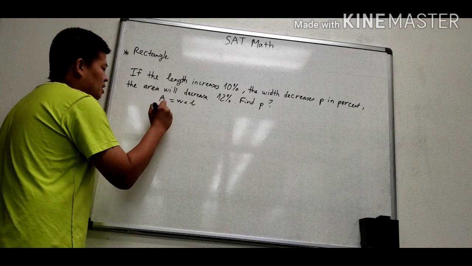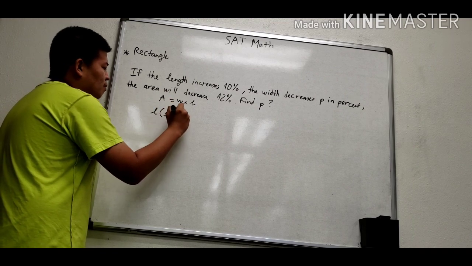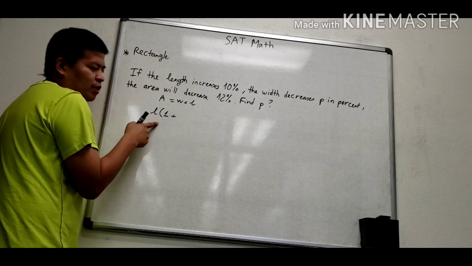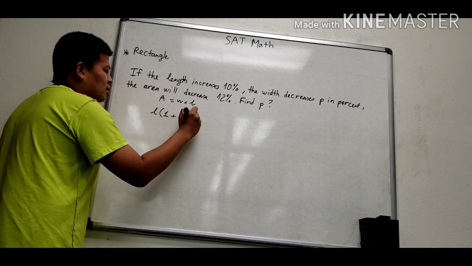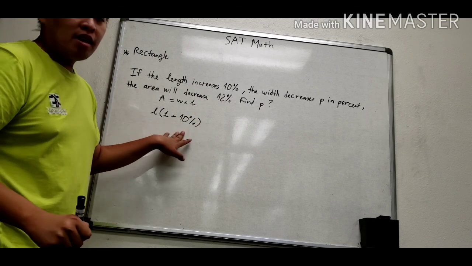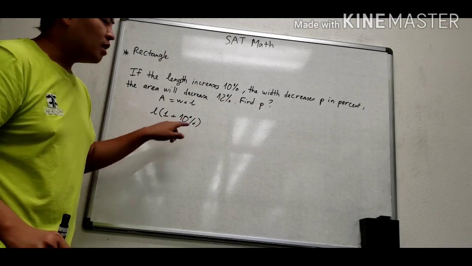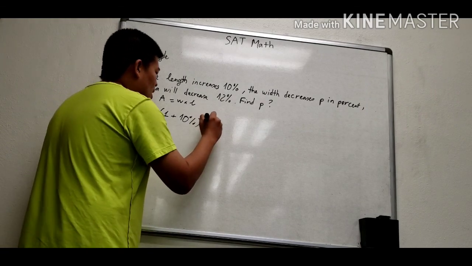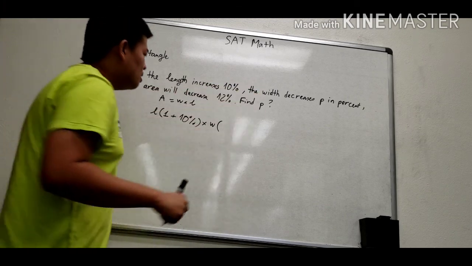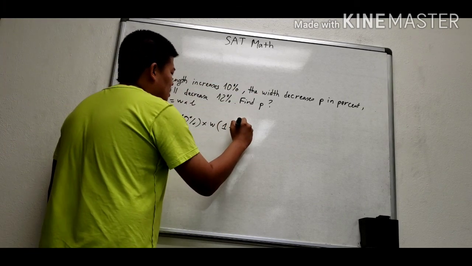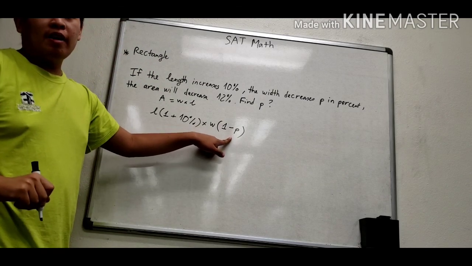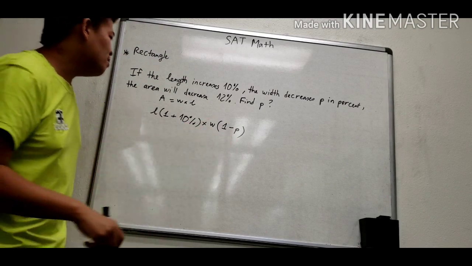The length increases 10%, so we multiply the length by 1 plus 10%, because there is a change in the length. That's why we have 1 plus 10%. We multiply with the width. The width is 1 minus p, because we don't know the number for p yet. We need to find p.